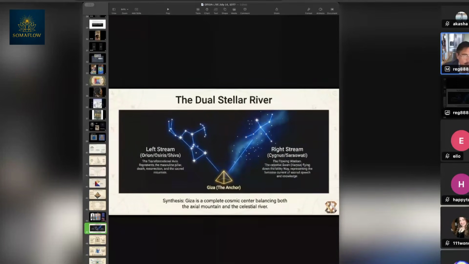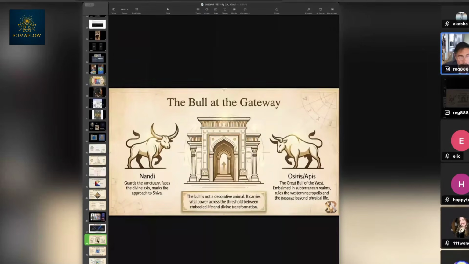The dual stellar river, Orion, Osiris, and Shiva, and also being activated by the Saraswati, the swan, the Cygnus. Across the northern sky, Orion must travel to get to the swan, and the swan has to get to him to give him his wings, whereupon he becomes the angel Metatron in some legend and myth. And the bull at the gateway, Nandi versus the Apis bull.